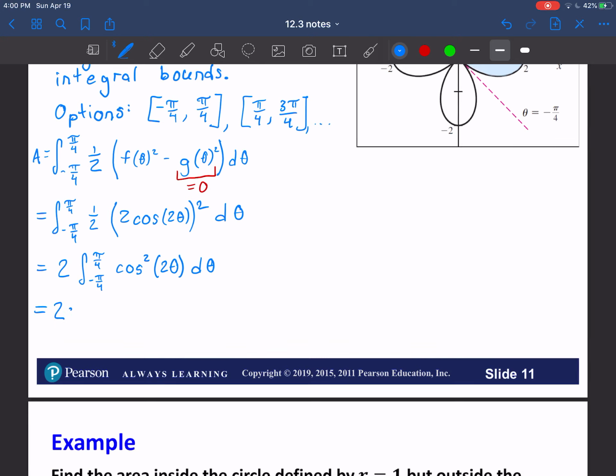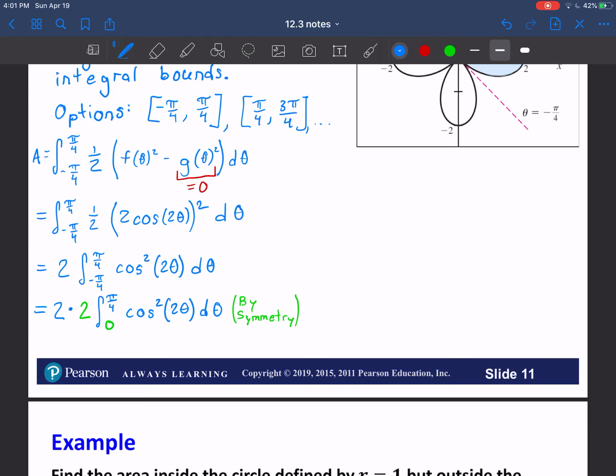So we get 2 times 2, and instead of negative pi over 4 to positive pi over 4, we're going to do just 0 to positive pi over 4 of cosine squared 2 theta d theta, and this is by symmetry. Alright, so everything that's green there is what I changed.